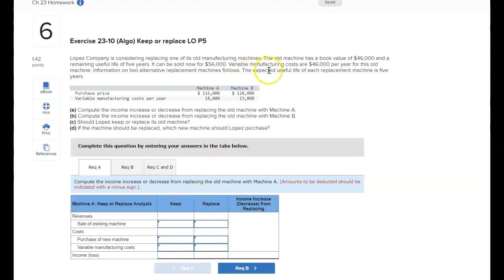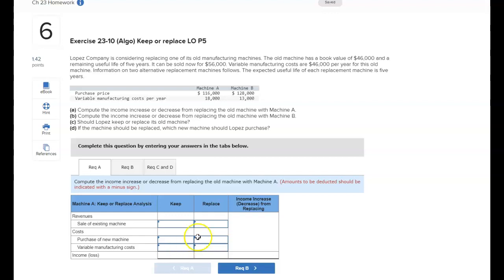So you'll see what the variable manufacturing costs are for your current machine, and multiply it by the number of years remaining in the useful life. And you should enter the cost as a negative number.